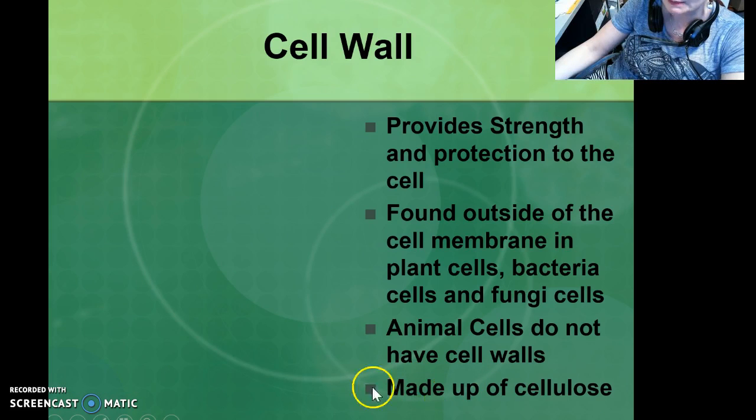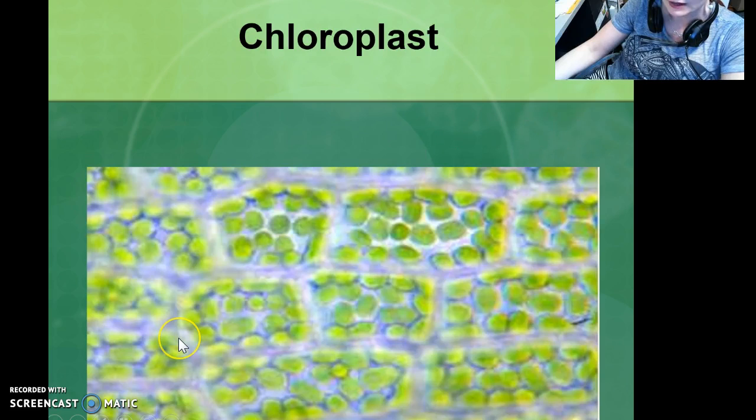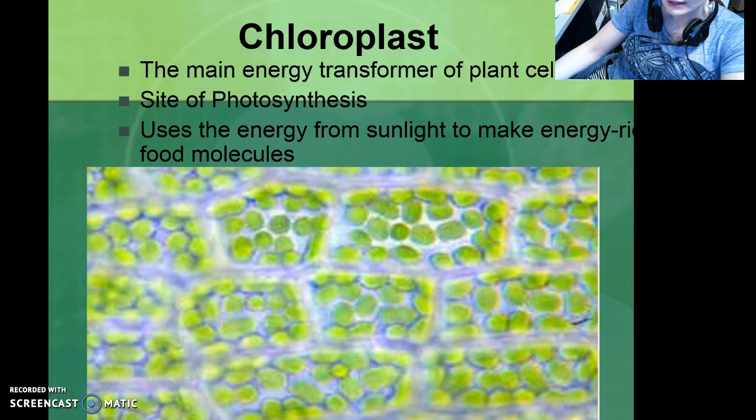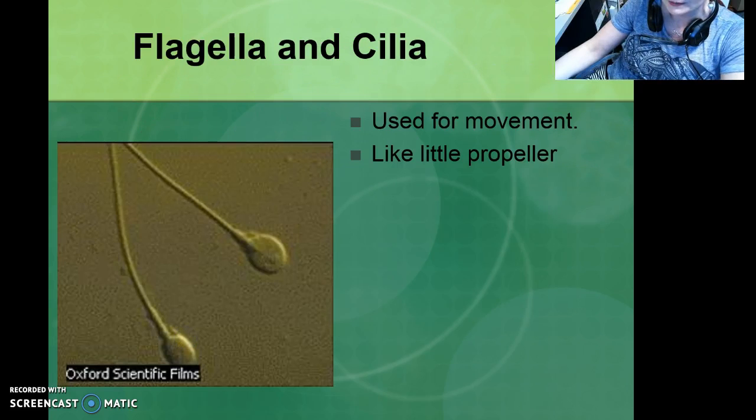Okay, that cellulose, by the way, is just true of plant cells. Finally, chloroplasts, which are found only in plant cells. They take energy from the sun and they convert it into sugar in a process called photosynthesis. And we will spend an entire video going through photosynthesis too, so just going to mention it briefly here.